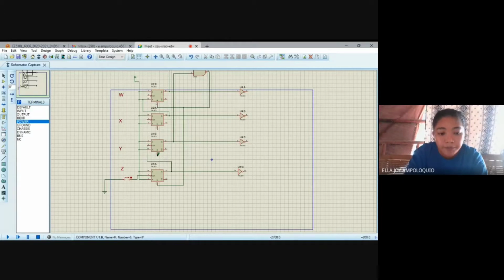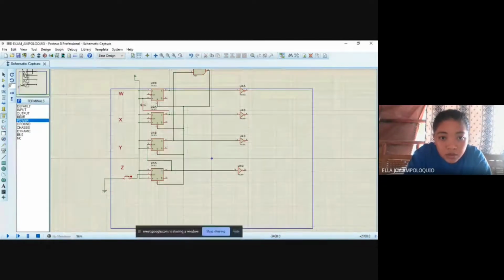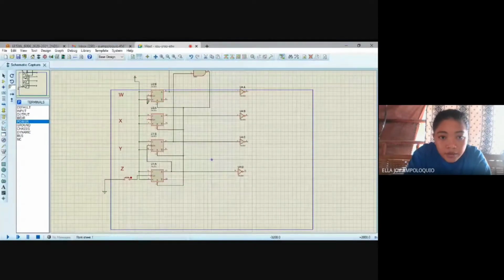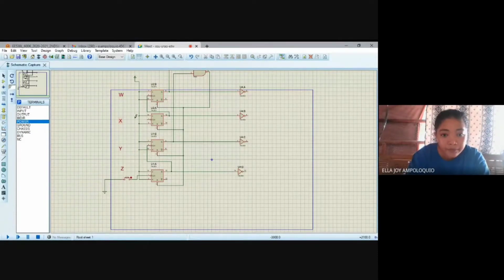This one will be connected here, and this one connected there. Delete this wire. This will be connected here, right here. Then this one will be connected.